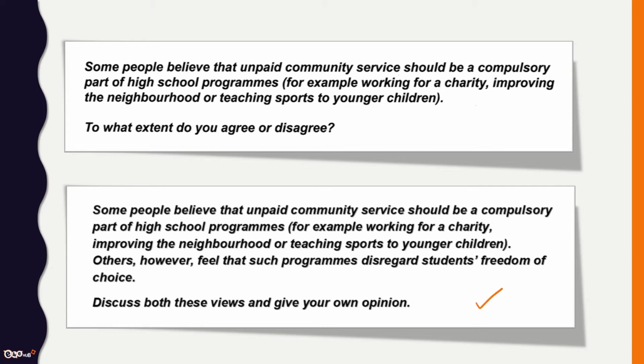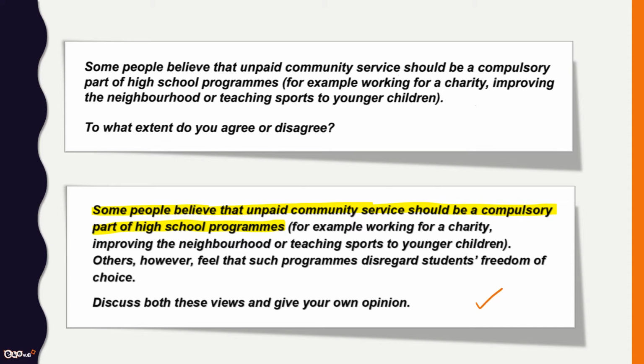Why? Because the question itself will have two views in the task. What's the first view? That's the first view highlighted in yellow. Some people believe that unpaid community service should be a compulsory part of high school programs. For example, working for a charity, improving the neighborhood, or teaching sports to younger children.